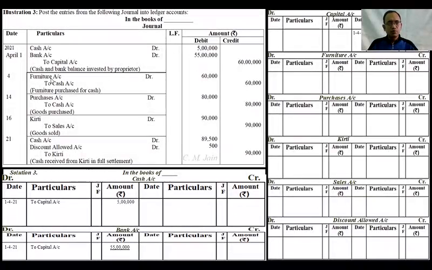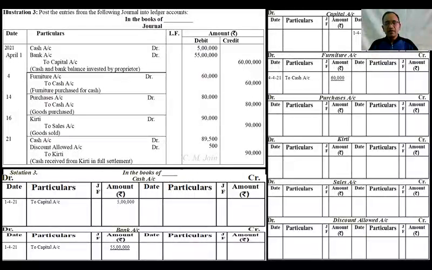Now let's move to the next entry. Furniture account debit to cash account 60,000. So in furniture account, which side will it come? Yes, debit side. And what will we write? To cash account. So 4th April 21 to cash account 60,000. And since cash account is being credited in the entry, in cash account we will post on the credit side now.